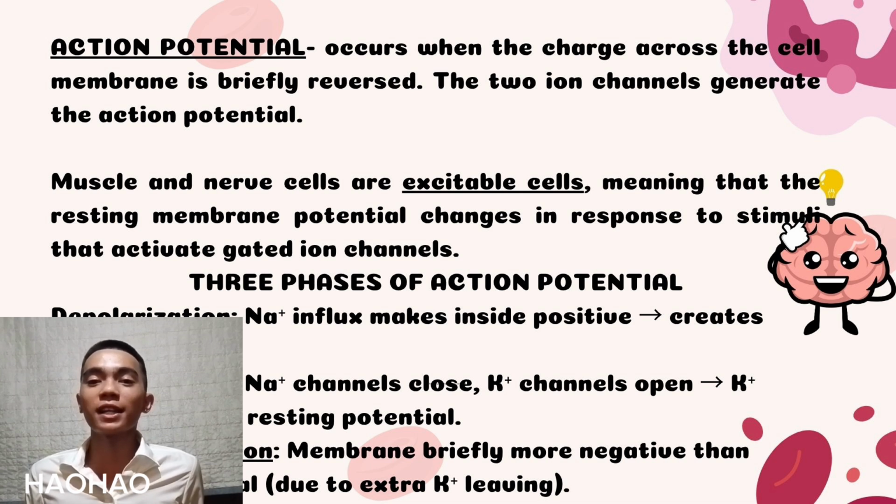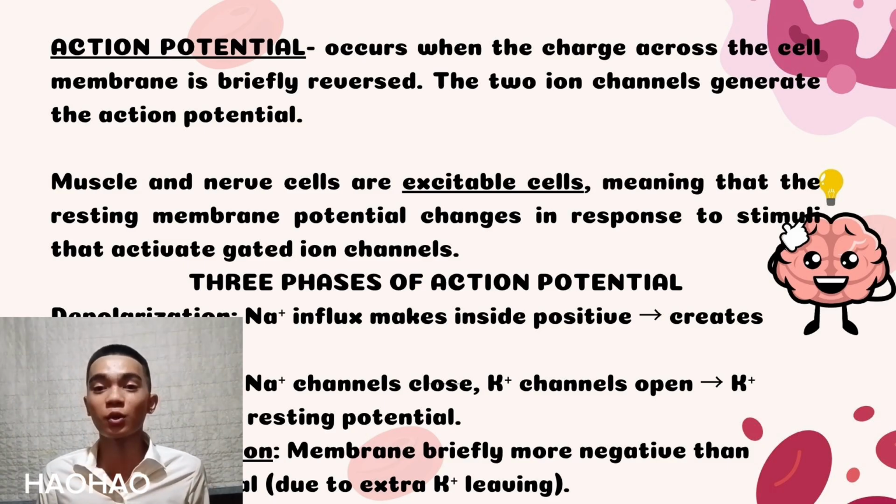The two ion channels generate the action potential. Muscle and nerve cells are excitable cells, meaning that the resting membrane potential changes in response to stimuli that activate gated ion channels. Depolarization: the sodium influx makes the inside positive and creates a local potential.